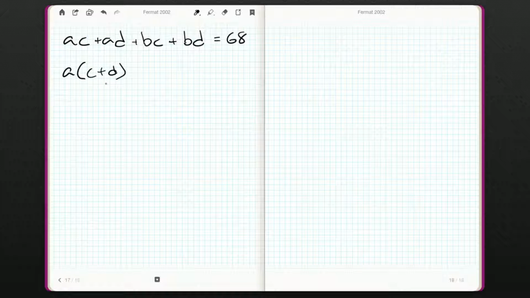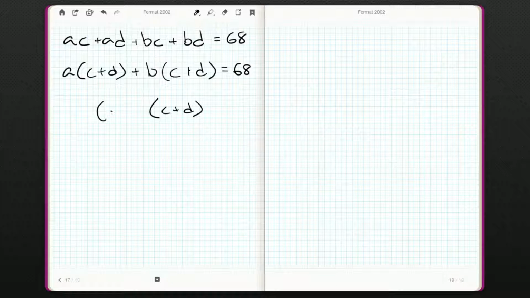We get A times C plus D plus B. Take a factor of B out. B times C plus D. Well, now I have a common factor of C plus D I can take out from both of these. And I realize pretty quickly I get A plus B times C plus D is 68.